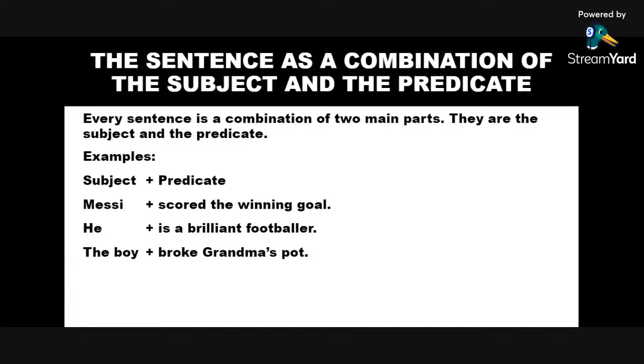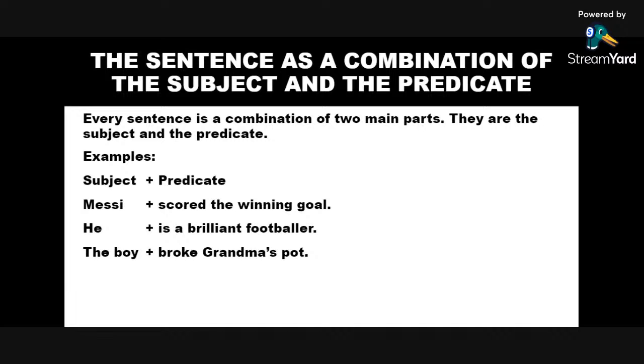Now, if we look at the examples here, you will find that the subject and the predicate have their positions within the sentence structure. Okay?